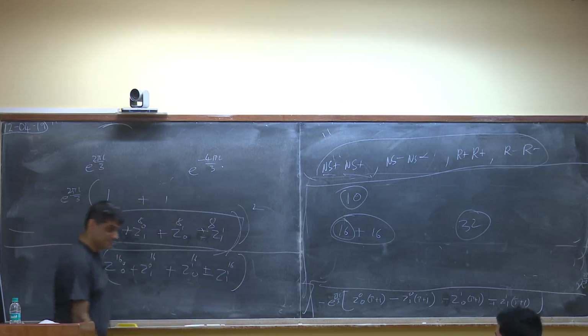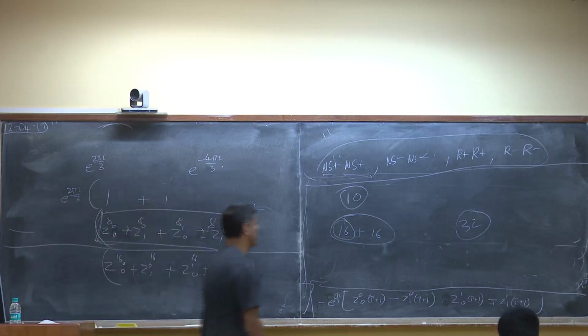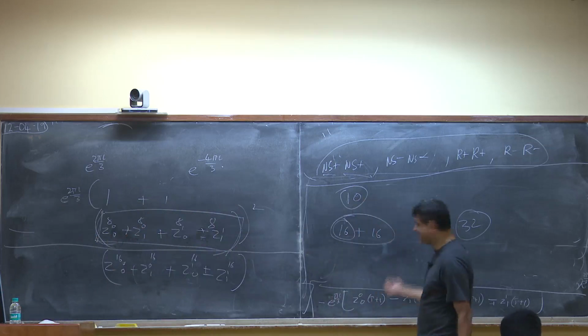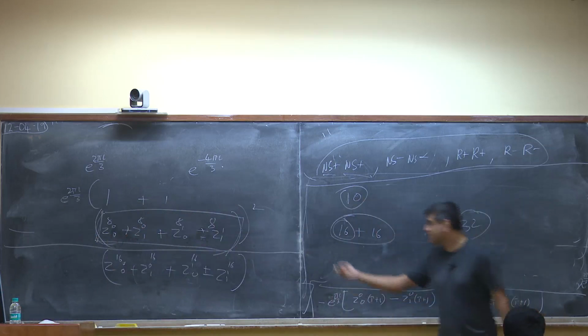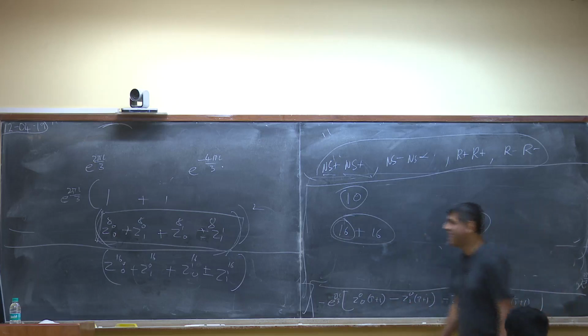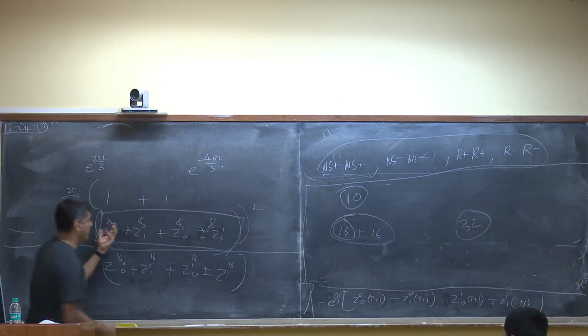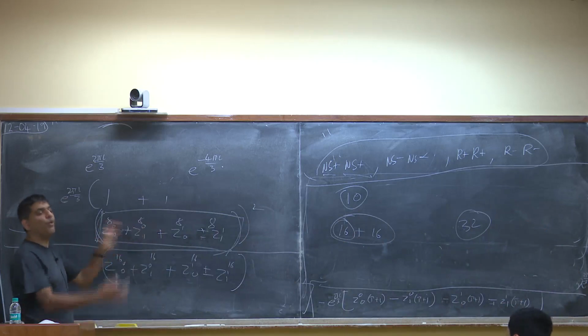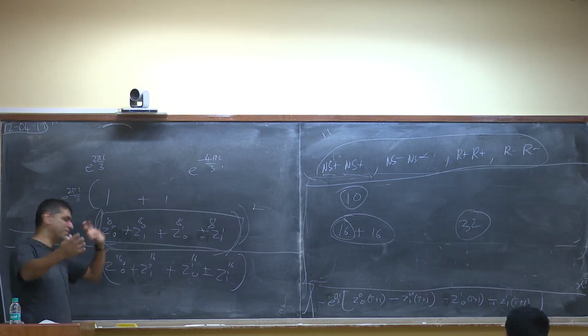So this is the SO(32) heterotic string? Yes. So one of them is going to be SO(32) and the other one is going to be E8 cross E8. Okay? We've just checked this up to overall phases, which we have to check from both the left and the right side.